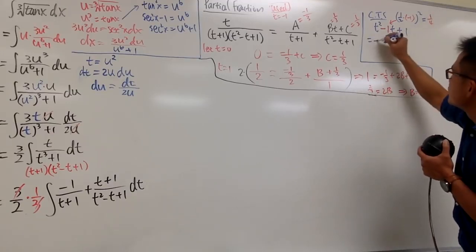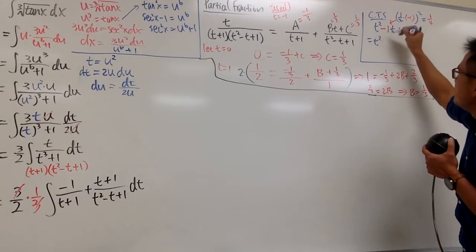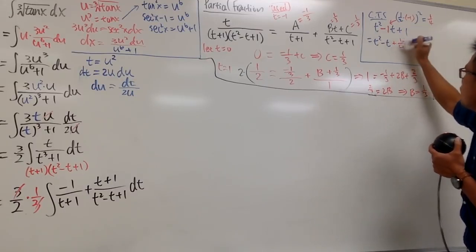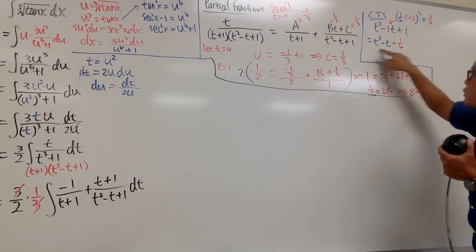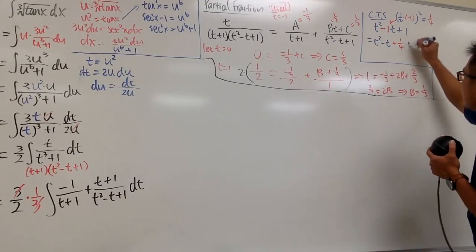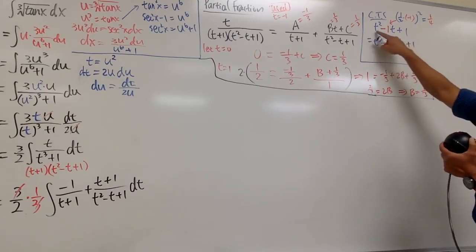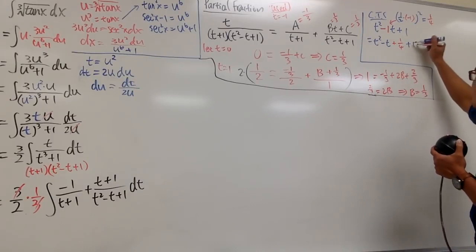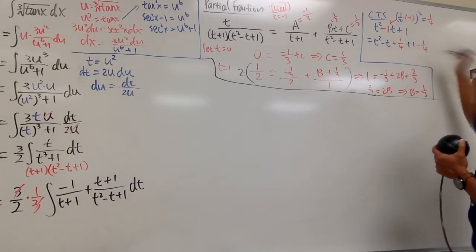In other words, this is going to be t squared, I'm going to keep this right here as -t, and then I'm going to add 1/4 right here. These 3 terms are going to be a perfect square. And then I still have this plus 1, right? But of course, this is going to be different than the original because I added a 1/4. Therefore, I must subtract 1/4 right here.